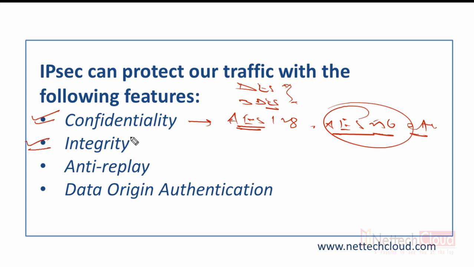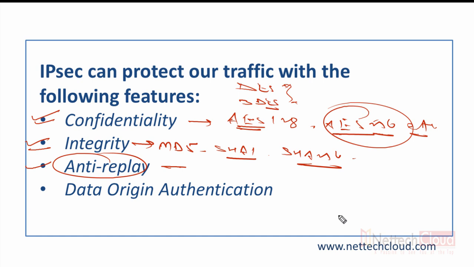And for data integrity, there are legacy algorithms like MD5, Message Digest 5, and Secure Hash Algorithm 1. Now we prefer to use SHA-256 for the data integrity check, right? Data integrity ensures that data is not tampered with during transit. Anti-replay: when the original packet is further encapsulated, extra headers are added.